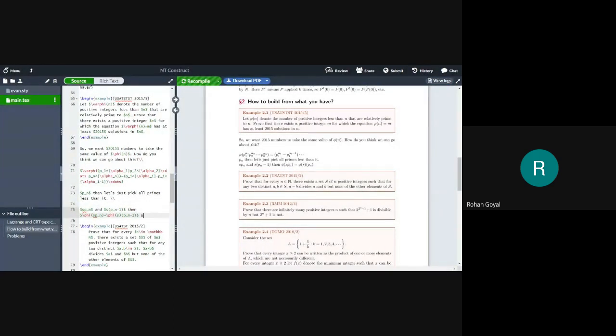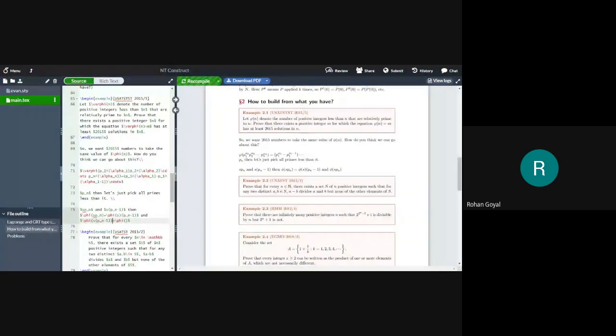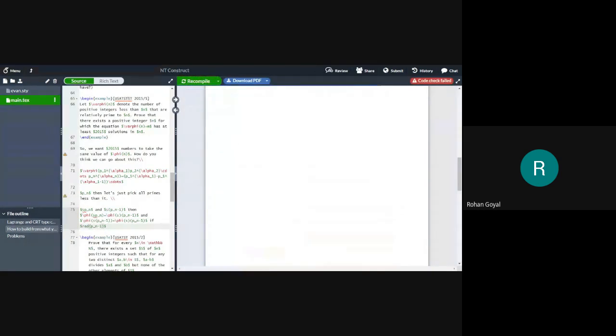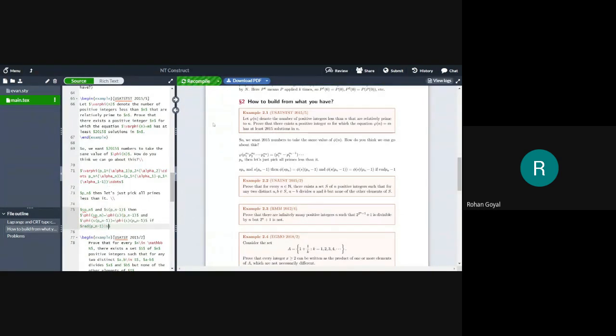And phi of S Pn minus 1 is equal to phi of S into Pn minus 1 if all prime factors divide S, correct.